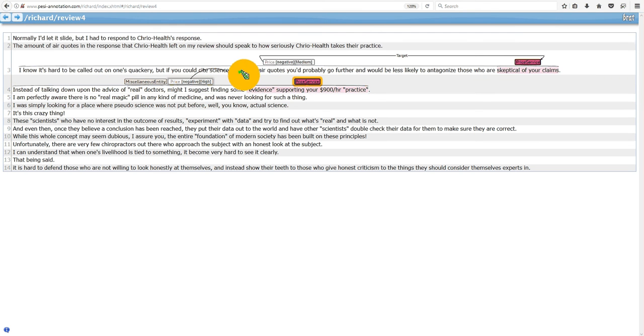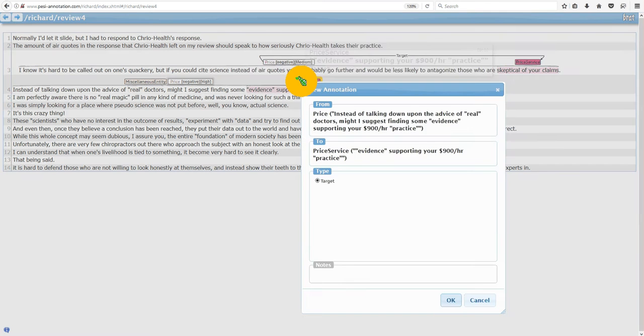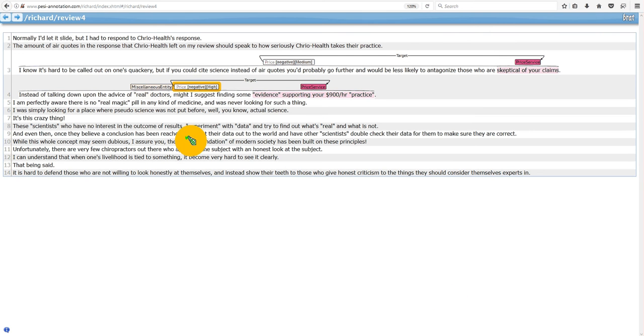So click and hold, point to this one, release, click OK, which is negative. Click, hold, point to this one, release. Sorry, my computer is a little bit slow today.